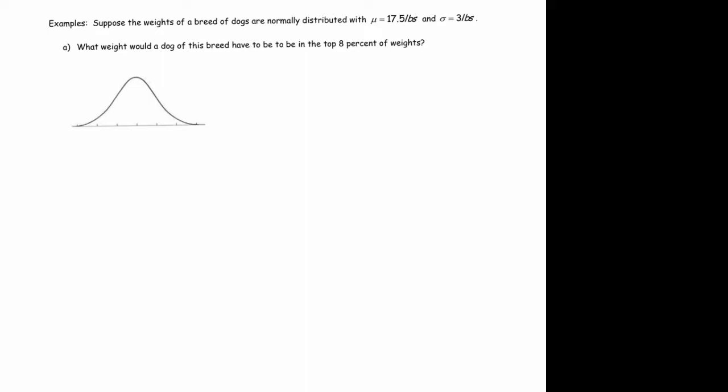To answer this question, we first have to find the z-score that goes with the top 8% of weights. In our diagram, the top 8% would be somewhere like here. It doesn't have to be perfect, but let's just say that's 8%. We're interested in that z-score.